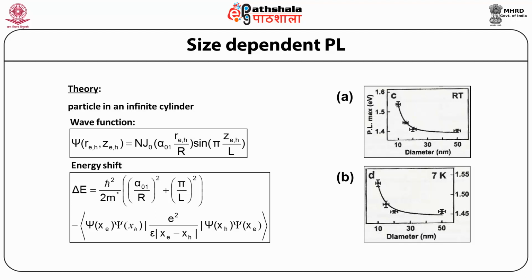By solving the Schrodinger equation for a particle in a cylinder, one can get the following expressions: the wave function psi equal to N z0(alpha r/R) sin(pi z/L), and the energy shift delta E is h-bar squared by 2m star, alpha by R squared plus pi by L squared, minus the exciton Coulomb term.